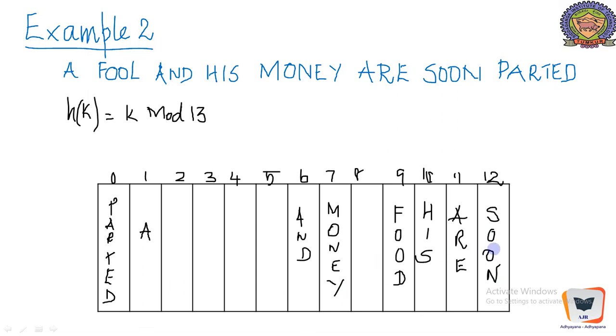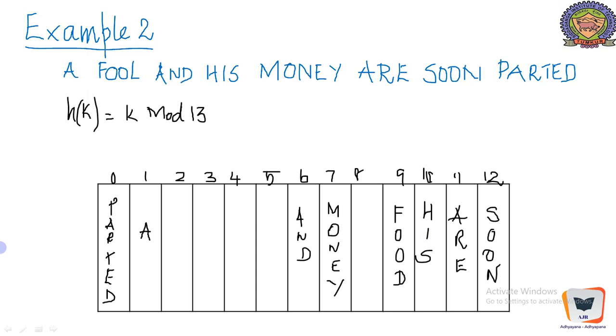So the number of comparisons is 1 and 2, and so also the number of comparisons for soon happens to be 2. For R it is only 1. For all other keys it is only 1. Therefore the number of comparisons depends upon whether the key is filled up in an available empty cell, or in the cell which is allocated by application of the hash function.